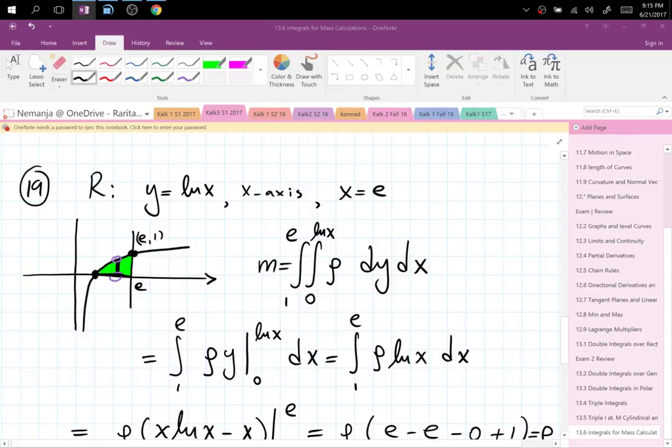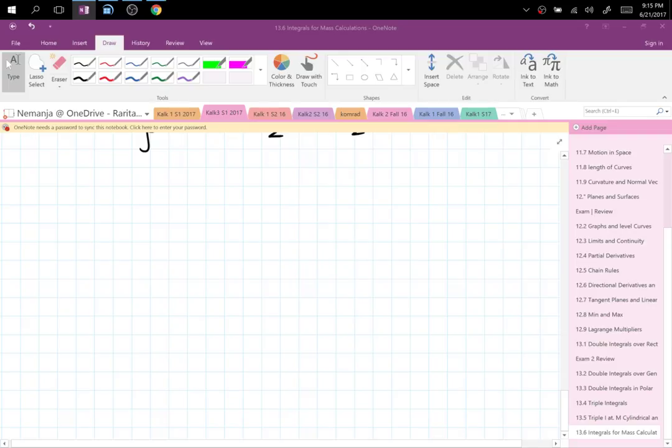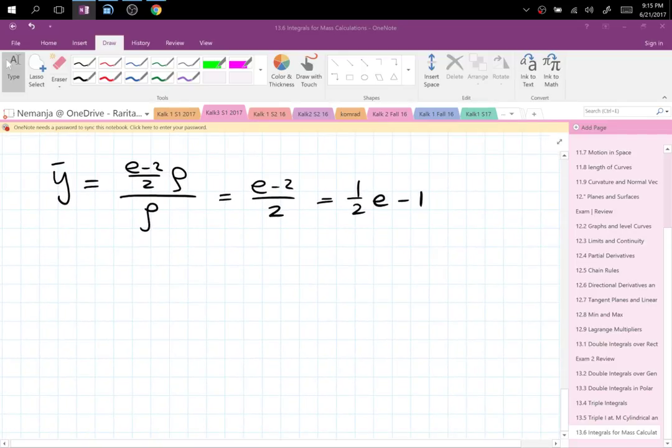Now we have to find the x bar, which means we find my, and that one we expect to be between 1 and e. So it better be, you know, I don't know, 2.1 or 1.9, something like that. So we now do the second part of this calculation. We find my, which is the double integral.